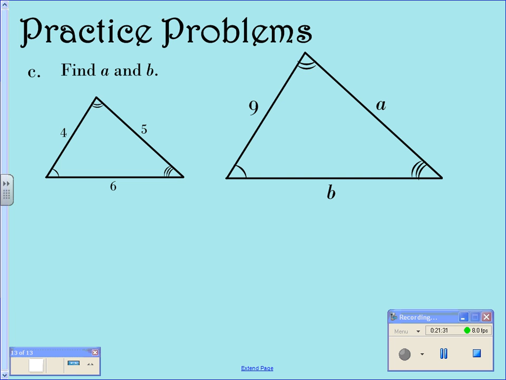Looking at similar triangles. I want you to find the values of A. Not all the time.